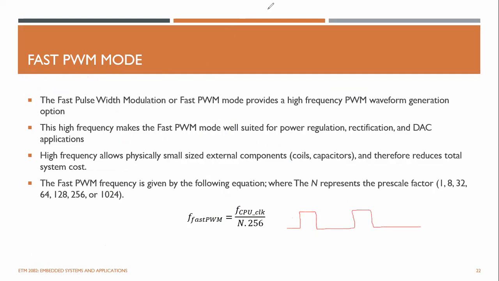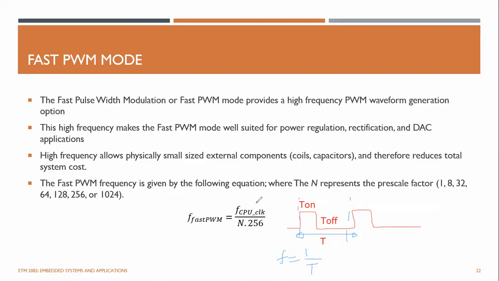The frequency of your square wave is like this: this is your on time, and this is your off time. And this is your periodic time, right? So the periodic time is this one. So the frequency is 1/T.